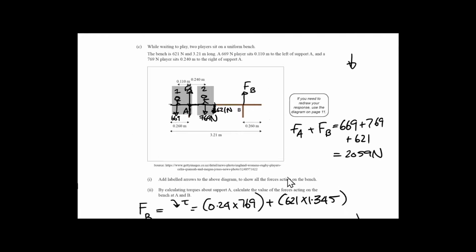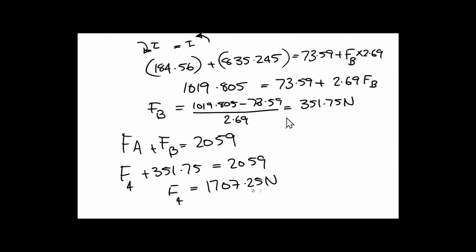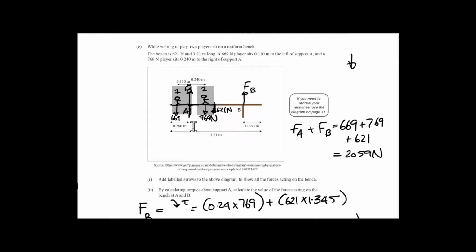That makes sense because A has most of these weights around it, so it makes sense that it carries much more. FA must have more because there are more things putting pressure on that point, that fulcrum.